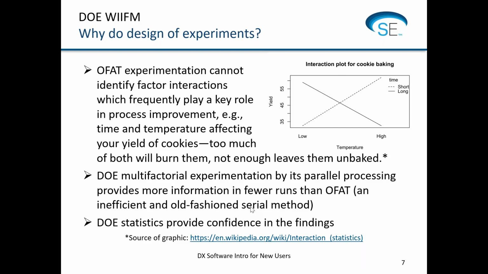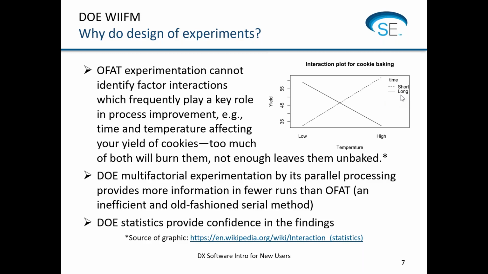So we're studying temperature on the x-axis, and the two lines represent cooking time. The dotted line is with a short cooking time. So at low temperature with a short cooking time, we're undercooking the cookies, so our yield is low. But as we increase the temperature with a short cooking time, our yield improves because we're properly cooking more of the cookies.